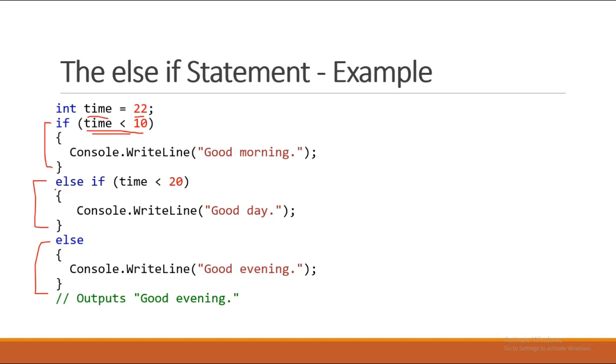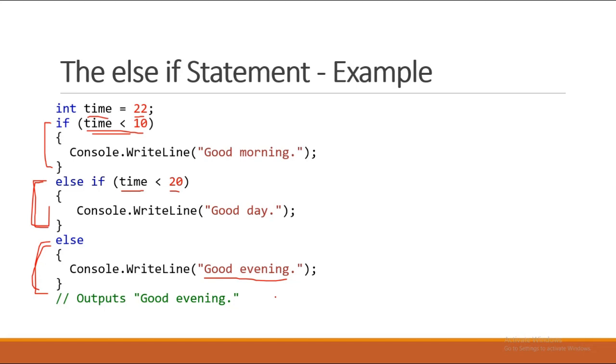Then it will jump to the next condition. 22 is less than 20? No, the second condition is also false, and because of that it's not executed here. Then it will execute the else block, because condition 1 and condition 2 are false, and it will show on the screen the good evening message.